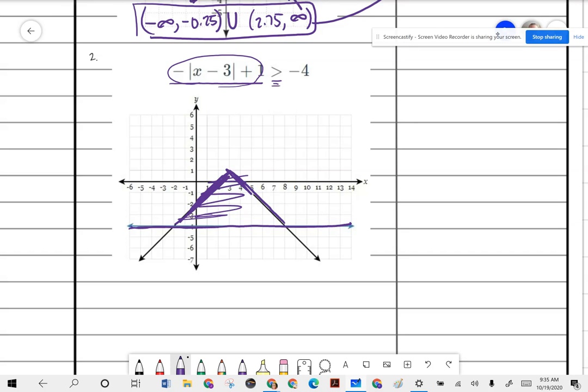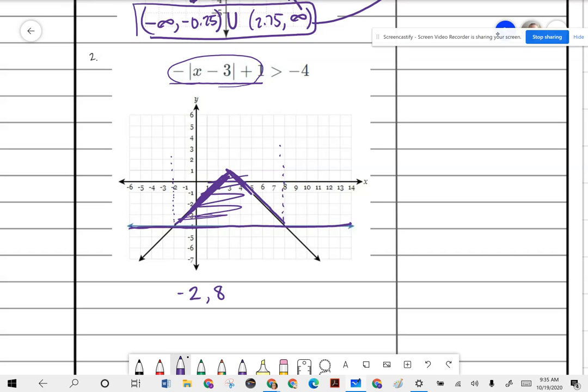So we want the x values in our answer. What x values are giving us where we are bigger than -4? So you can see that the x values that we have are -2, and we're going all the way to 8. Now the question is, do we include those?